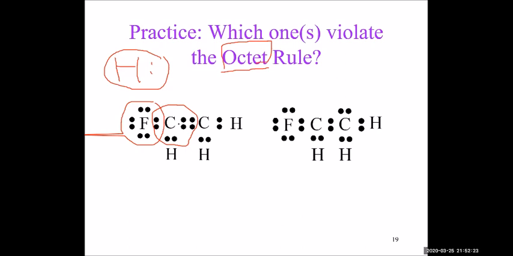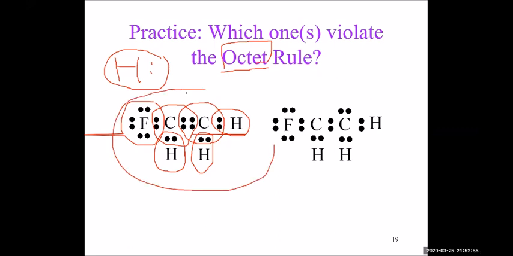The same for this carbon: you have 4 electrons here and 4 more, so it's 8. And then the hydrogen is 2. That makes it like helium, which is stable. Even though it's technically not 8, we consider it stable because hydrogen can only achieve the nearest noble gas, which is helium. So in this structure, every atom is octet. Okay, no problem.